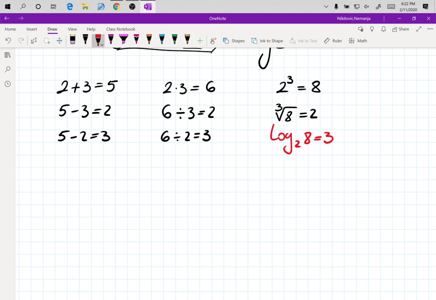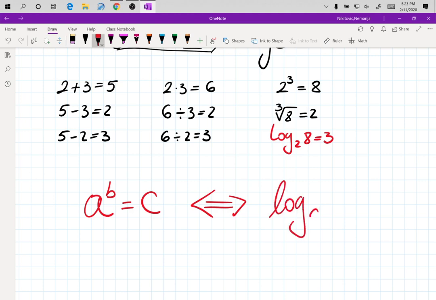The most important formula to learn between the two worlds is a conversion formula that moves one world to another so you can solve equations. And that is: a raised to the b equals c converts into log base a of c is b.